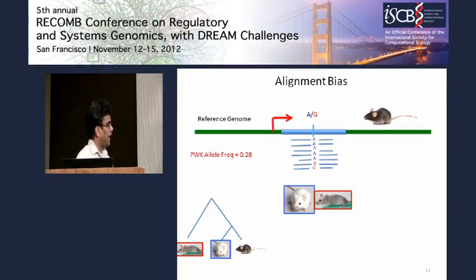Because of the high divergence among the strains, our alignment will be really bad. For example, even if at this genomic location there is no allele-specific expression, just because NOD is closer to Black 6, NOD might align better, while the PWK reads may not align to this location at all, giving rise to a chance that it looks like NOD-specific expression at this location.